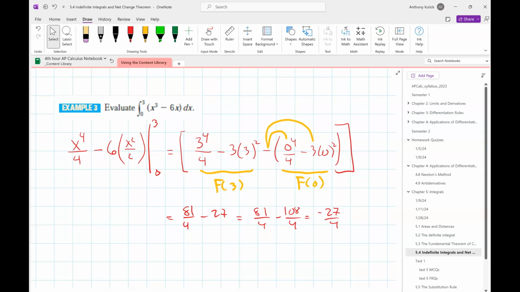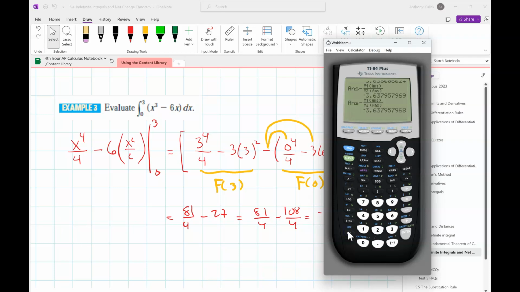You want to hear some great news? You can do this problem all on your calculator. All of you can do this problem all on your calculator. In fact, any definite integral can be done all on your calculator. Let's show you how to do that. If you have a calculator with you, I invite you to take it out and follow along.